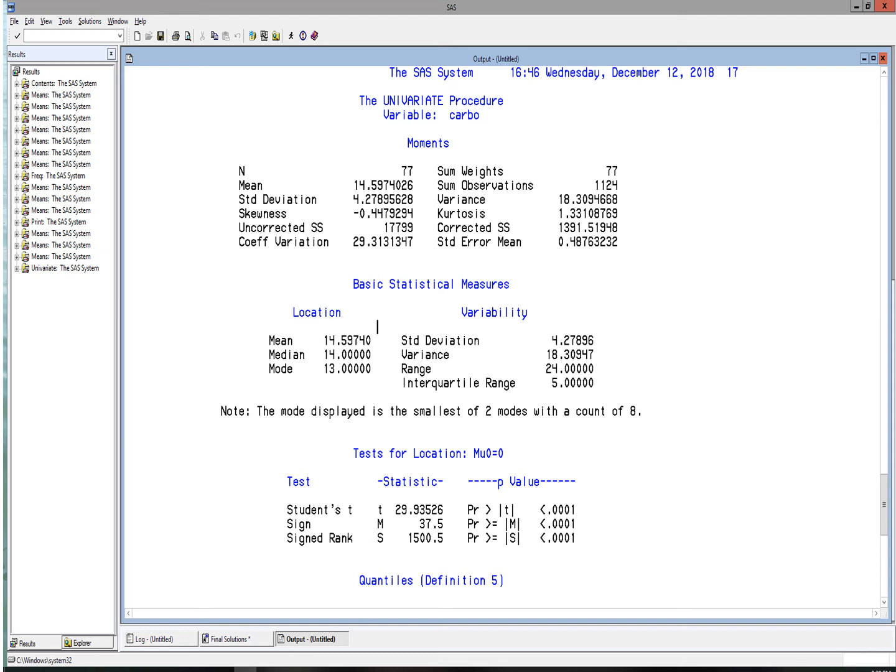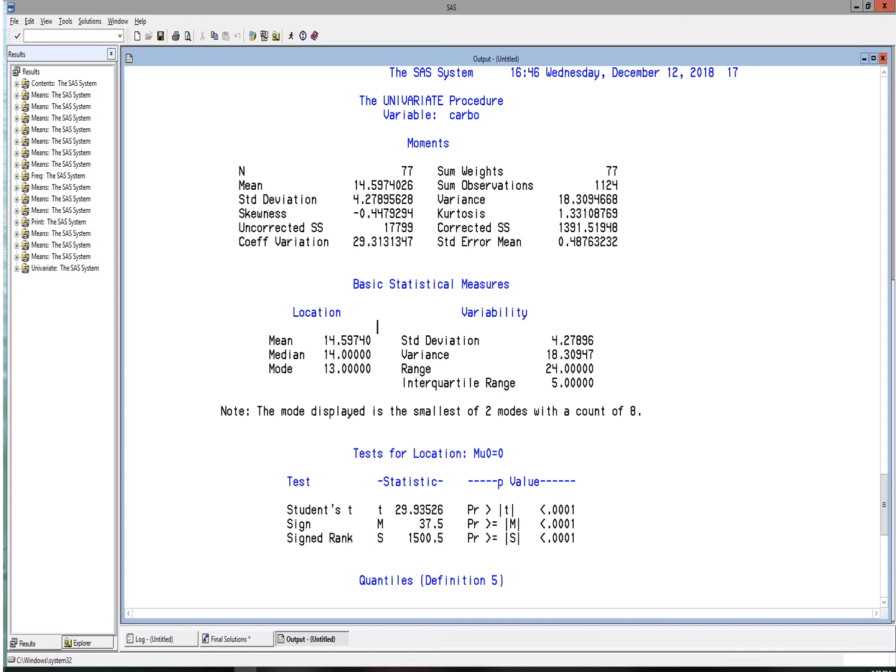The mean carbohydrates of, presumably, the population of all cereals, of which our data set is just a sample. Our test statistic is 29.93. That's the Student's t. So that's basically saying that we're almost 30 standard deviations above the hypothesized mean. Our sample mean of 14.6 is almost 30 standard deviations above the hypothesized mean of 0.